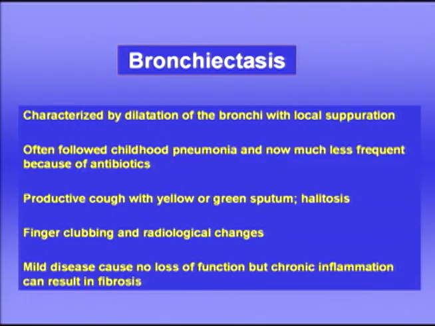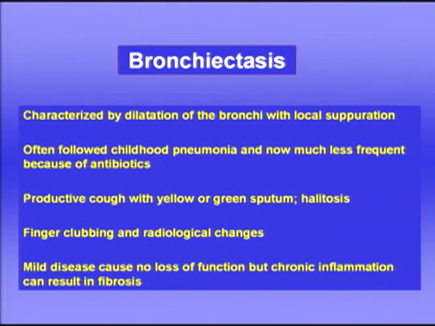So here we have dilatation proximal to the terminal bronchioles, usually in the large airways. It often followed childhood infections, childhood pneumonia. And the reason why we don't see it so much now is because of the effectiveness of antibiotics. Children are treated so much better.